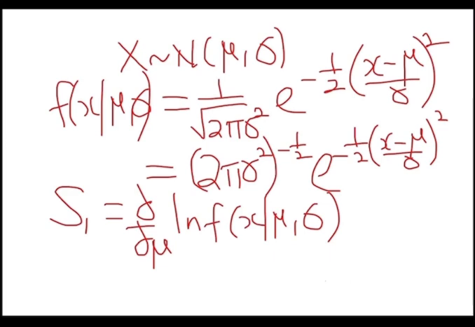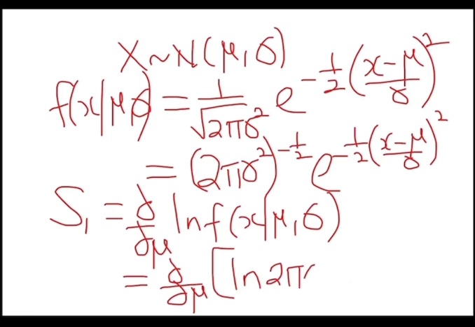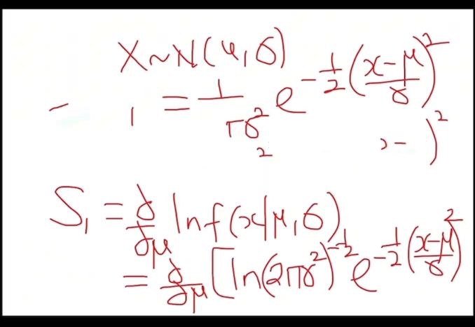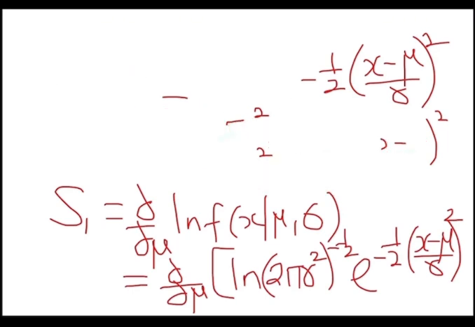So first, with respect to mu, I'm just going to have ln of 2 pi sigma squared raised to that power, the exponential raised to that power. Now I'm going to rewrite that.